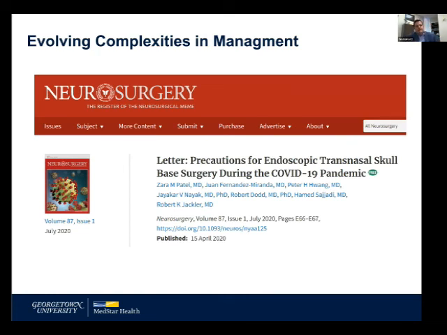These anecdotal reports from colleagues in Wuhan were operating on skull-base patients, so pituitaries, essentially endonasal cases. And despite appropriate PPE, PAPRs or N95s, every single person in the operating room was getting COVID. The letter was published later, but these reports were coming out in late March, early April.